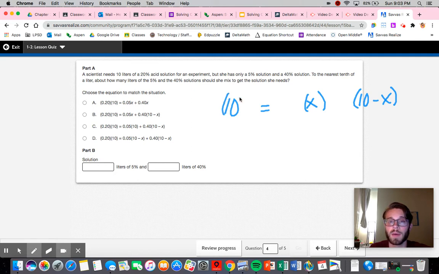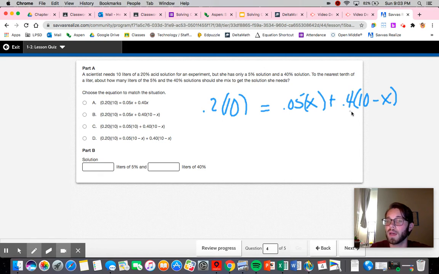So to do that, we're going to multiply the amount of liters of each by the percent of its acid. If it's 20%, we're just going to multiply by 0.2. The 5%, 0.05. The 40%, 0.4.